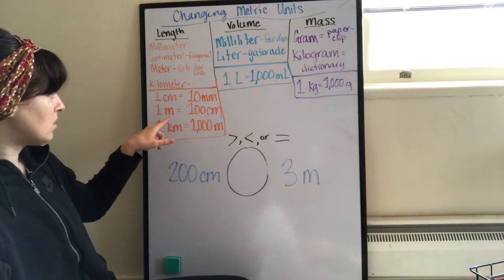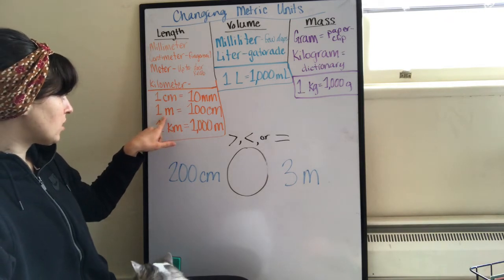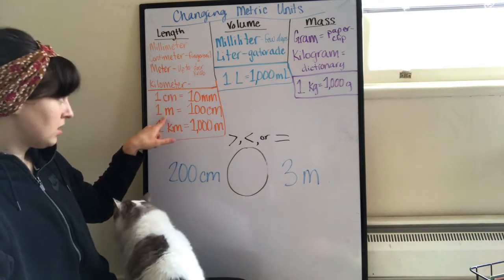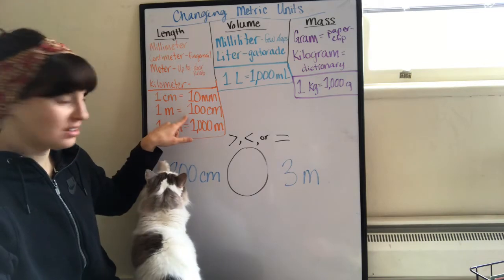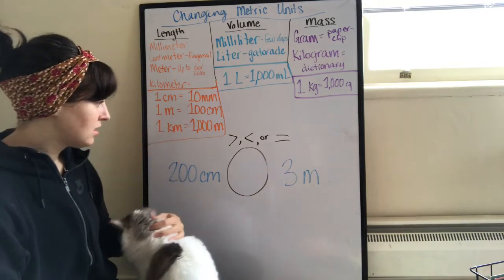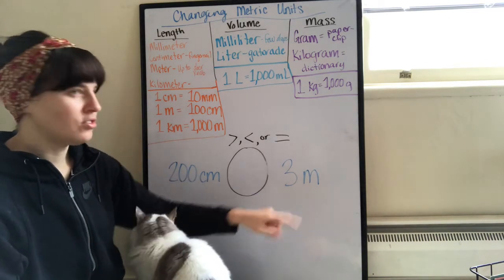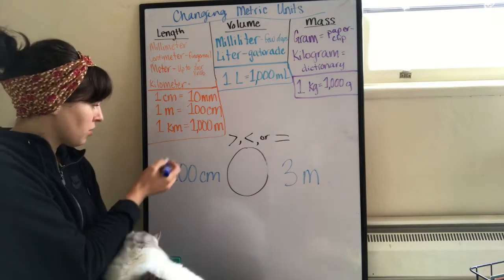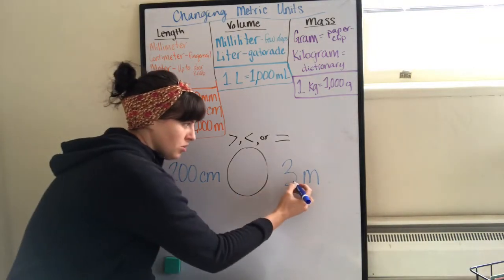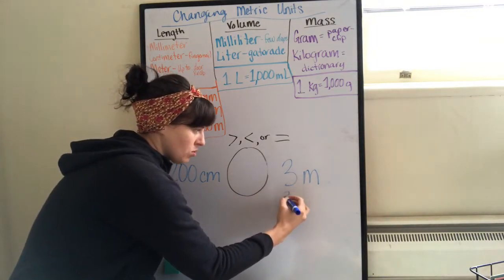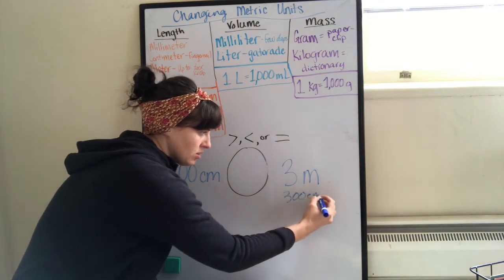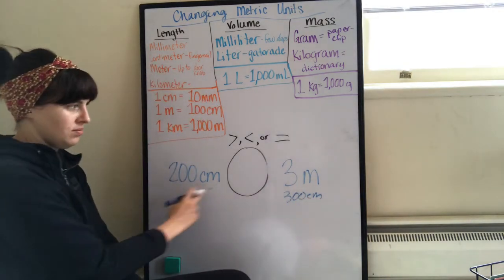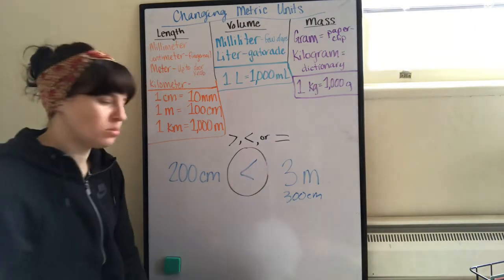Okay, so, well, 1 meter is 100 centimeters. I have 3 meters. So if each one is 100, then I should have 300. 3 meters would be the same as 300 centimeters. But I only have 200. So 3 meters is more.